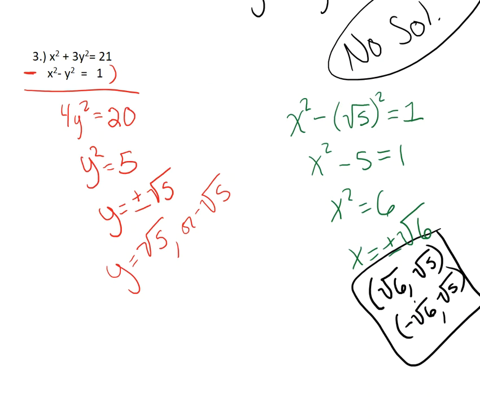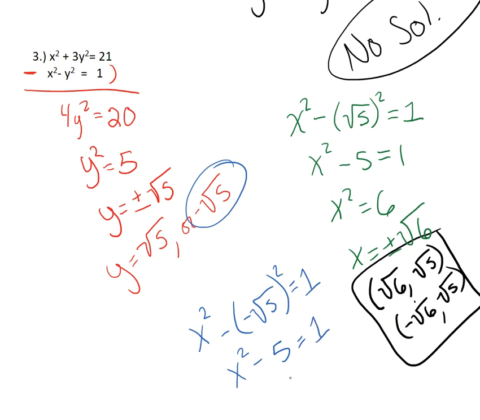We're going to do the same thing with negative square root of 5. So it's x squared minus negative square root of 5, squared, equals 1. This pretty much gives us the same thing. So x equals plus or minus square root of 6.